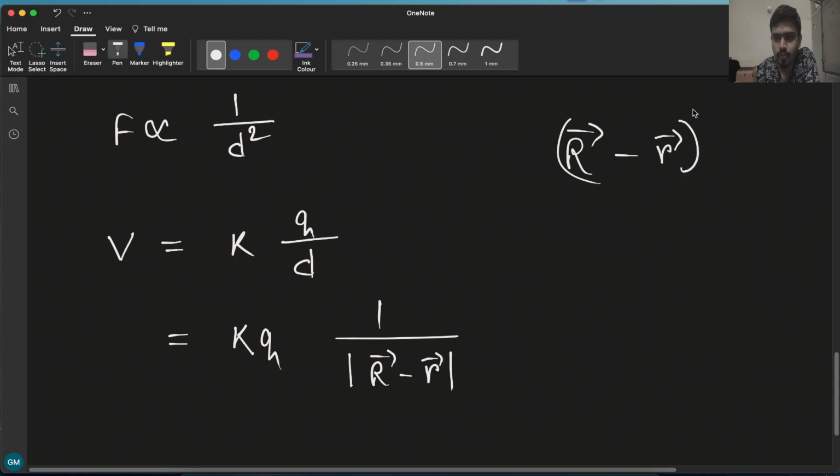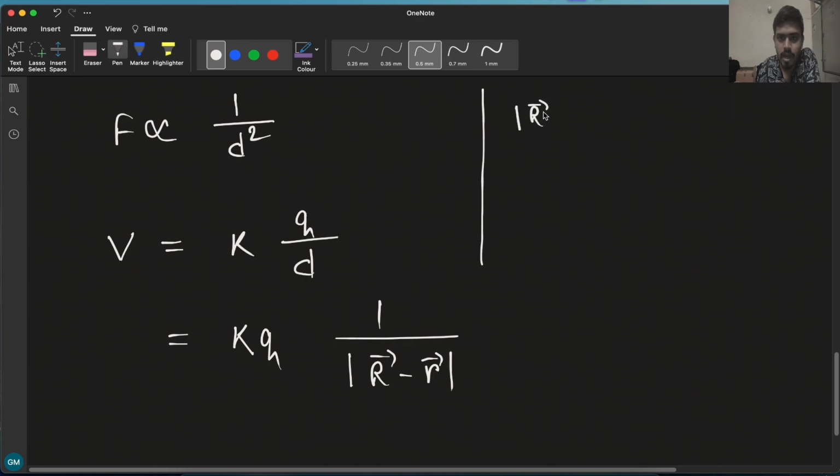square, if I do, so its mod is nothing but, let me write out, so mod of capital R minus small r is nothing but root under of capital R minus small r dot capital R minus small r.